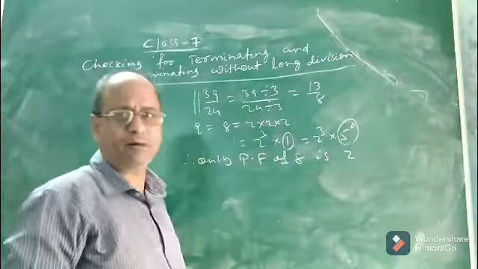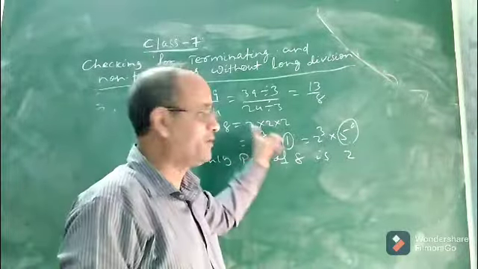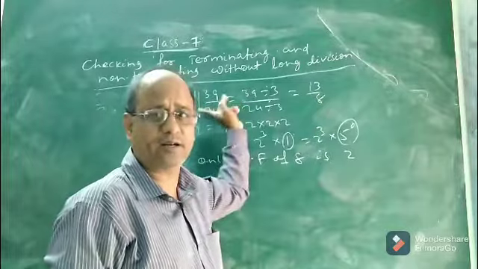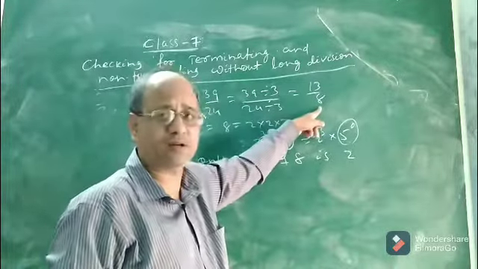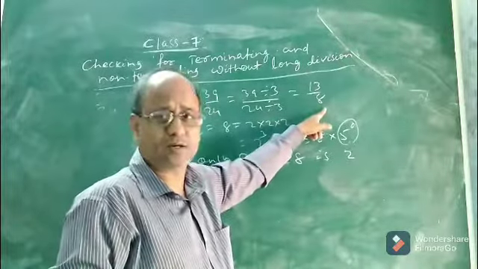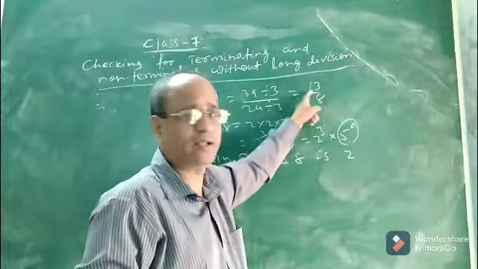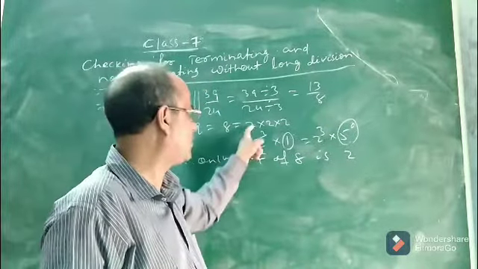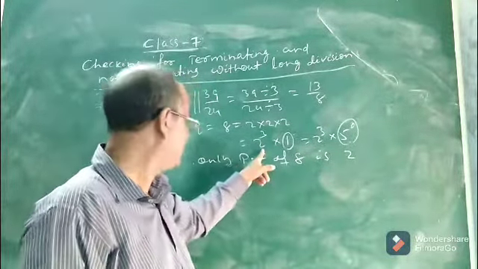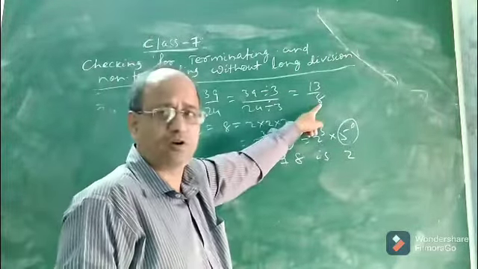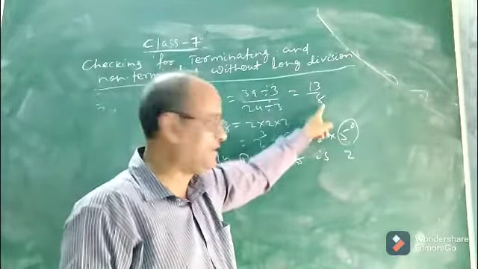So children, you have to remember it as a rule. First I reduced the given rational number into lowest term. After reducing it, find the prime factorization of q. It is only 2 to the power 3. That means the only prime factor of q, that is 8, is 2.